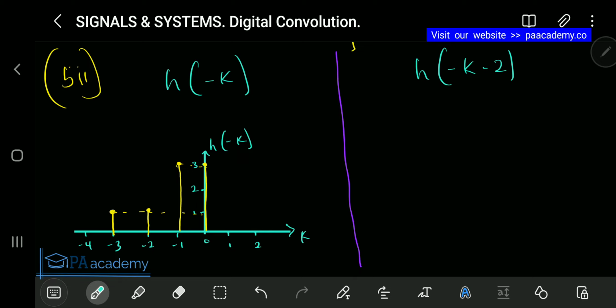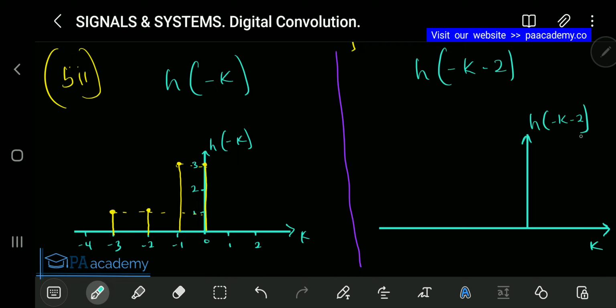So let's first of all draw our k-axis and our h of minus k minus 2. So here we are having k, and right here we are going to have h of minus k minus 2.